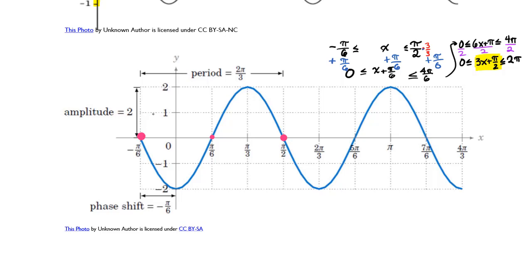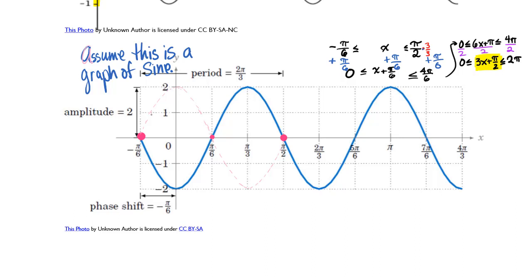So if I look at a standard graph of a sine function, and remember we're assuming that this is sine, we know that the graph of sine looks something like this, where it's positive in the first two quadrants and then negative in the second two quadrants, as if it's unwinding from the unit circle.